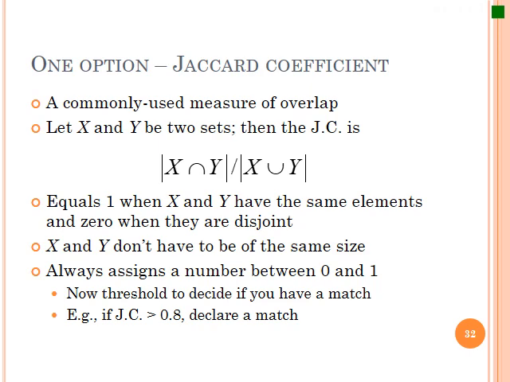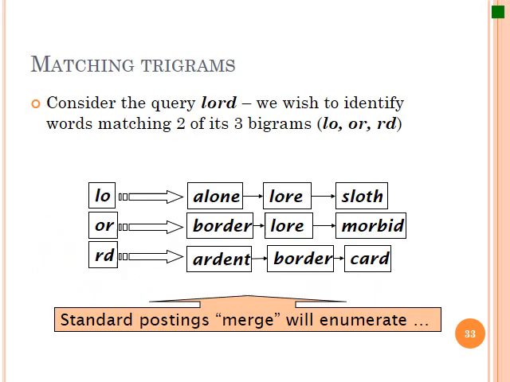If it is small, that means they don't look alike. Then you can take a threshold, for example 0.5 or 0.8. If the Jaccard coefficient is larger than 0.8, I consider this to be a match. Otherwise it's not a match.